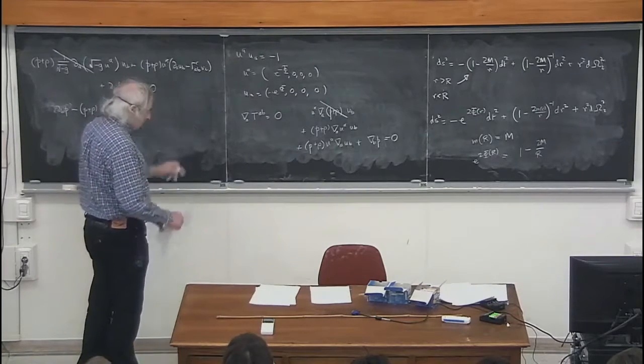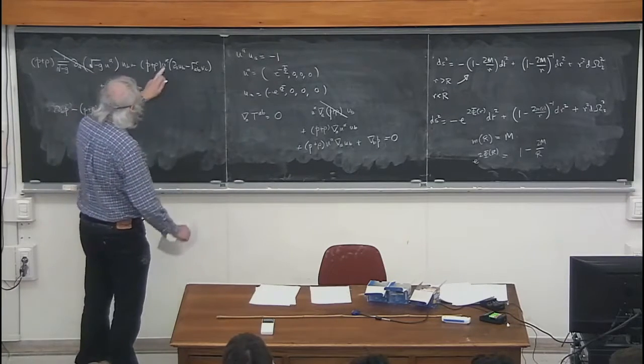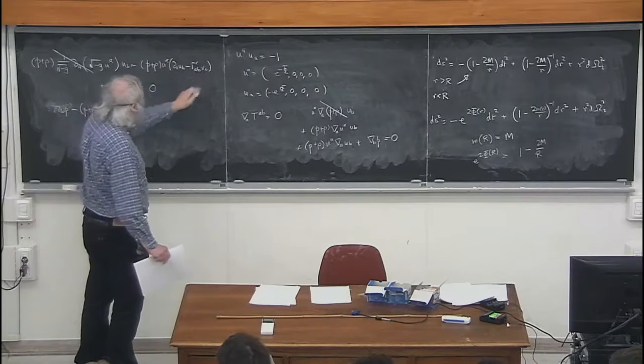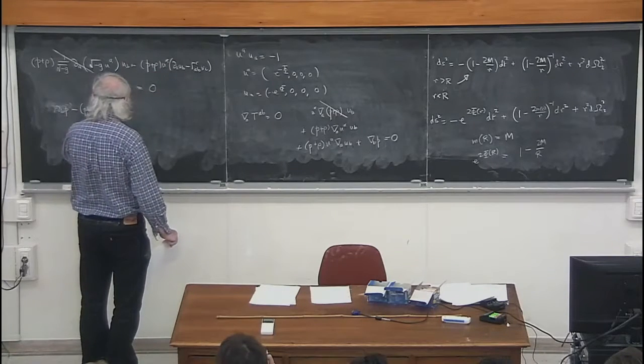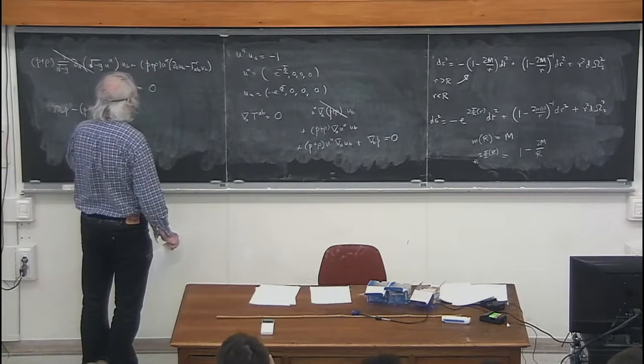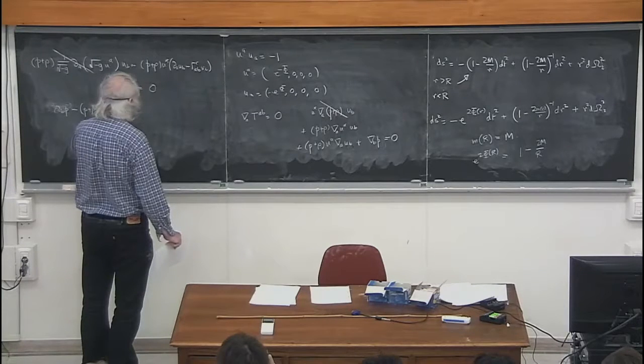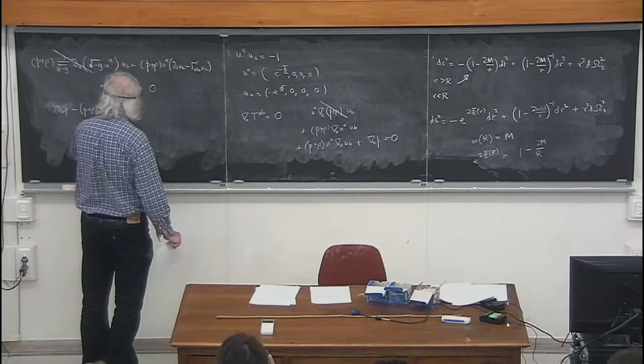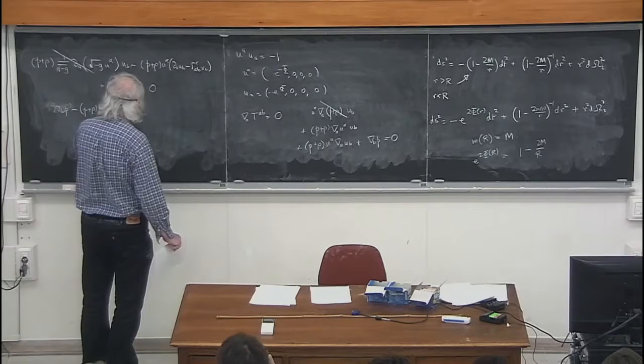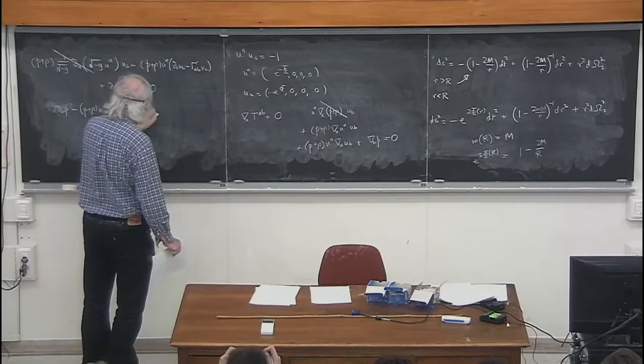Let's look at it. The only interesting components are 0 and 0, so there will be a U0 upstairs, gamma 0, 0, B, U0 equals 0.